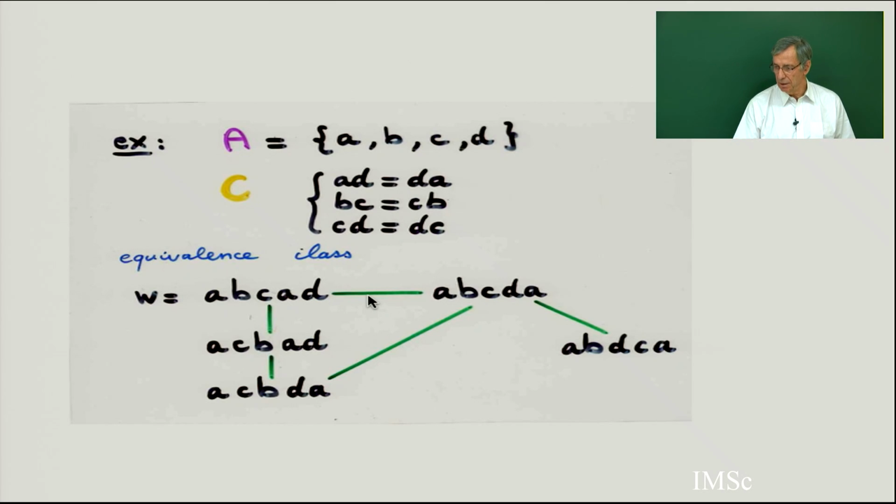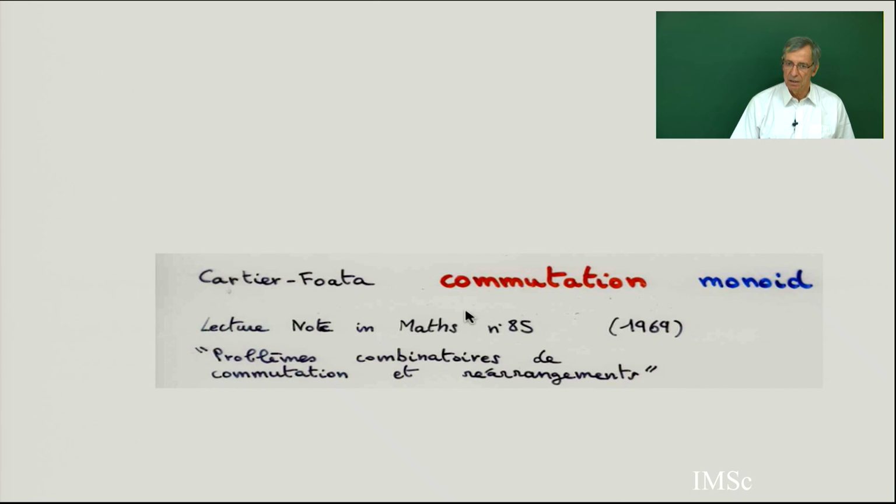And these classes are going to form a monoid, an algebraic structure, and this was the topic of the Cartier-Foata lecture notes in '69. They introduced what is sometimes called the commutation monoid, with some partial commutation of the letters of the formal variables.